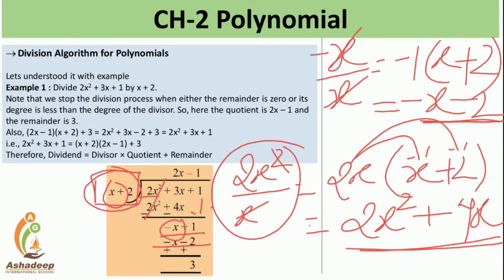Now we have to do subtraction, so we need to change the sign. If it is minus, it becomes plus. So minus plus, minus plus. So minus x plus x is 0, minus 1 plus 2.